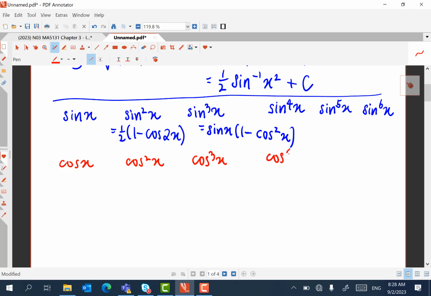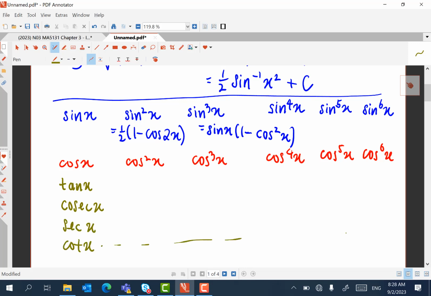And then, like what you were trying to prompt me, I did go on to tangent, and I didn't stop there, I did it for cosecant, secant, and all the way until, it's still somewhere in my house.